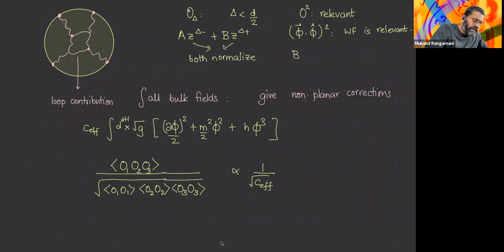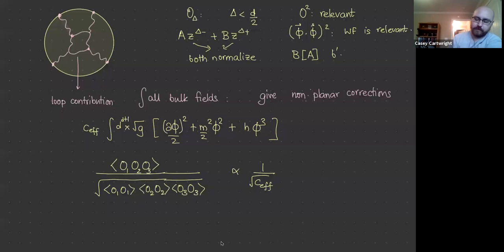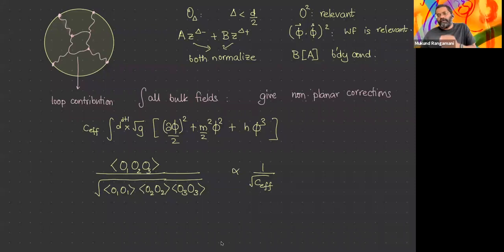And you can try to give B as a functional of A. It could be as simple as a Robin boundary condition, where it's some linear combination of Neumann plus Dirichlet, or something more complicated where B is some non-trivial functional of A. Those would correspond to turning on things of this kind.